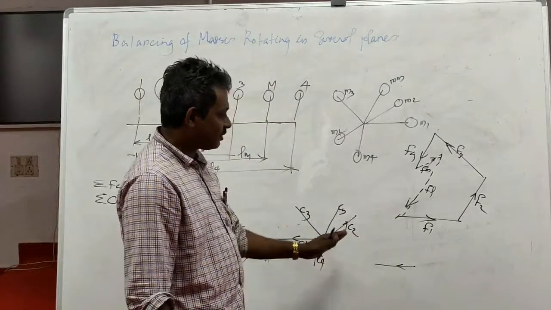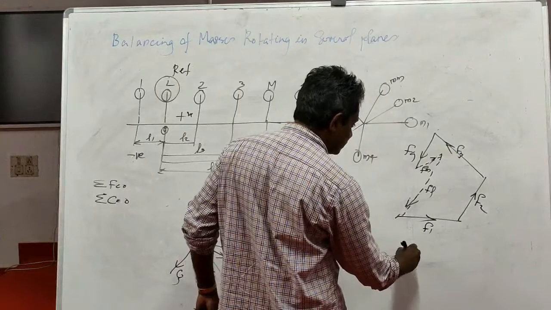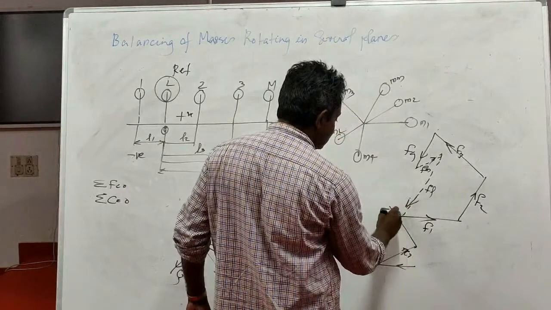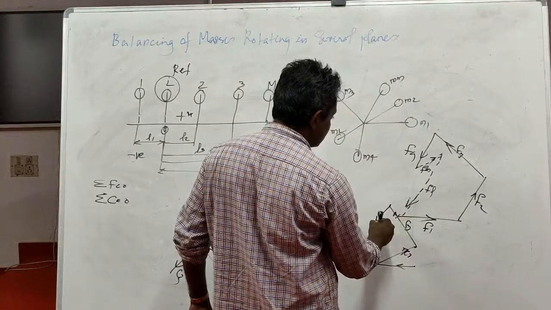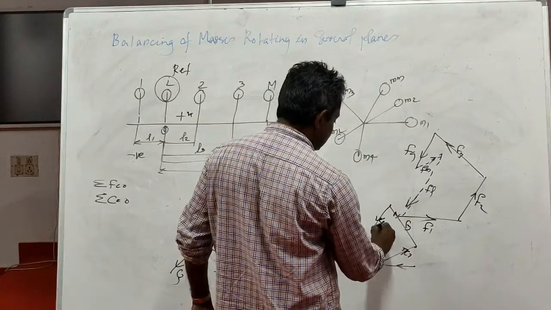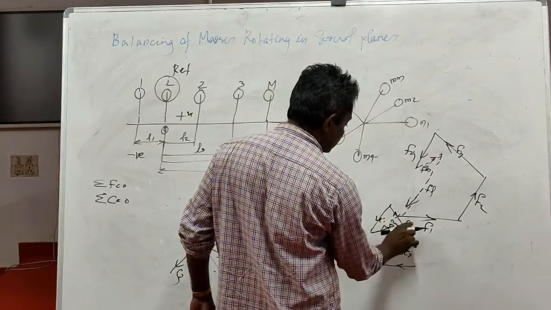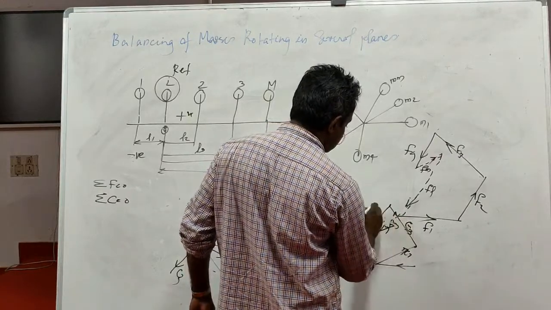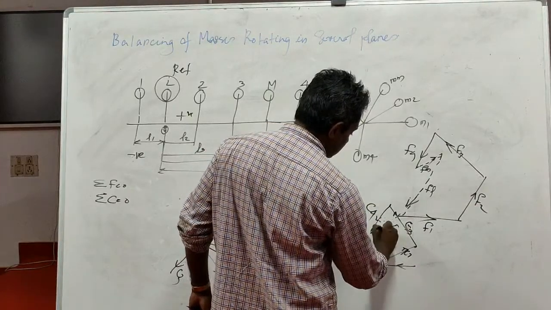Now C2 is in the same direction as F2. So this is C2, and this is F3 and this is F4 and this is F1. Sorry, this is C3, this is C4 and this is CM.